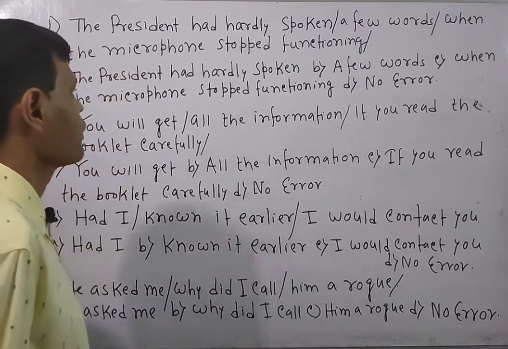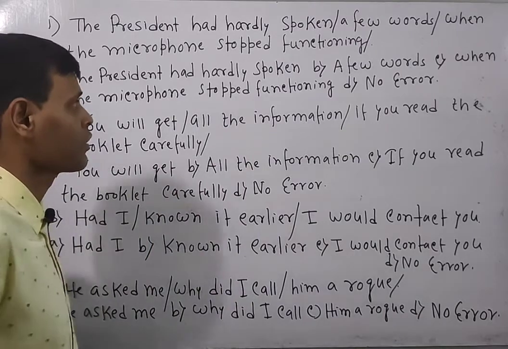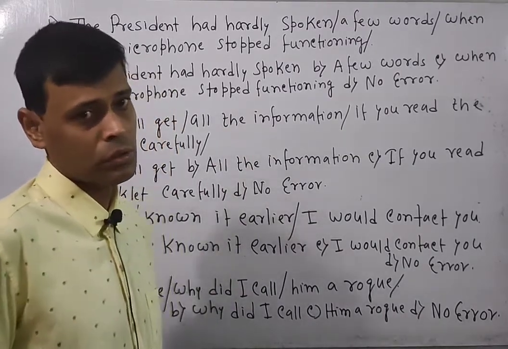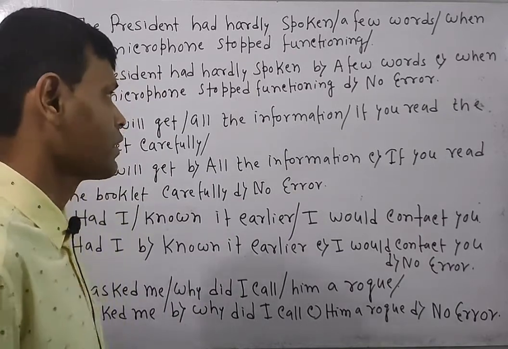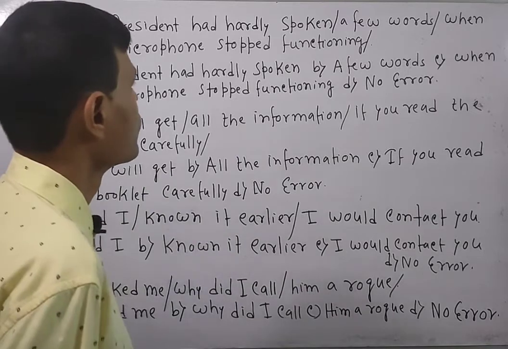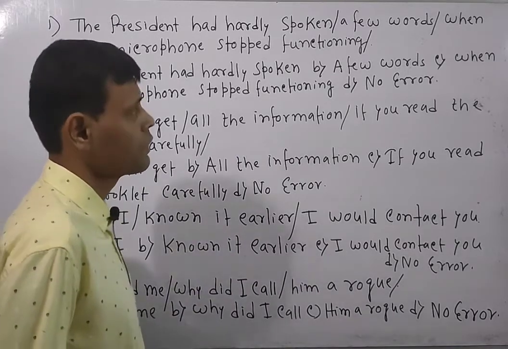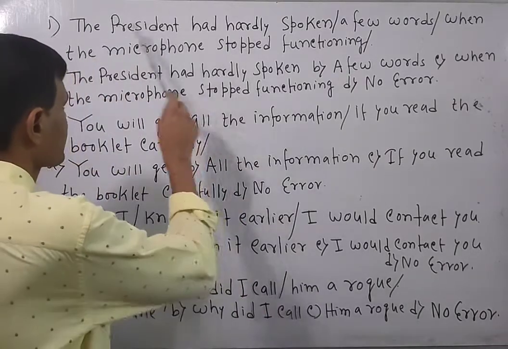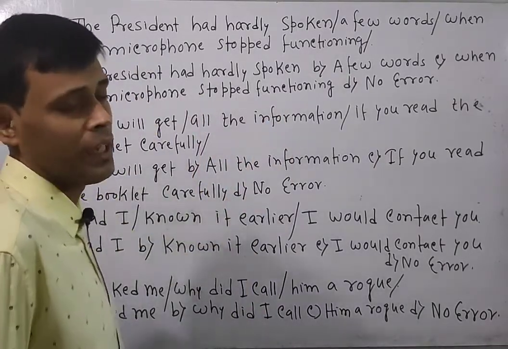So whenever you are going to make such sentences or you are going to use hardly when, you need to use the sentence in this format as written. But be careful, there must be some conjunction like when. So in this part the sentence does not contain any mistake.